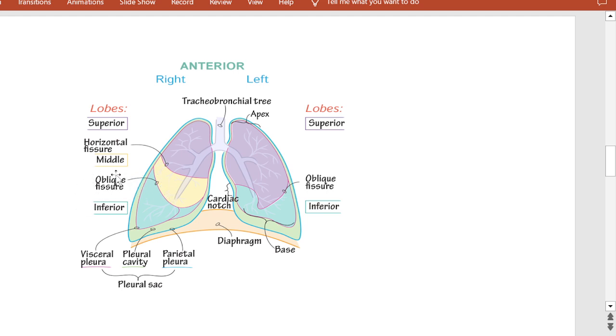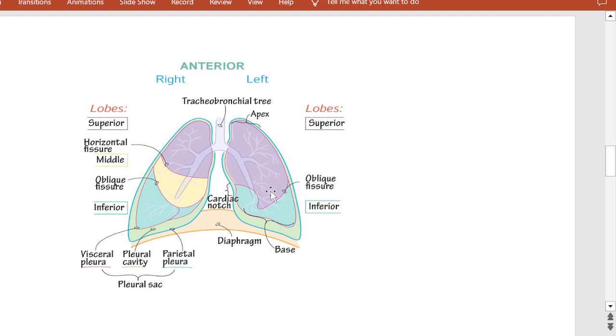So this is about the lobes of the lungs. There are two lobes on the left side and three on the right side, separated by fissures. The upper lobe is called the superior lobe and the lower one the inferior lobe, and on the right side we have one more lobe, called the middle lobe.